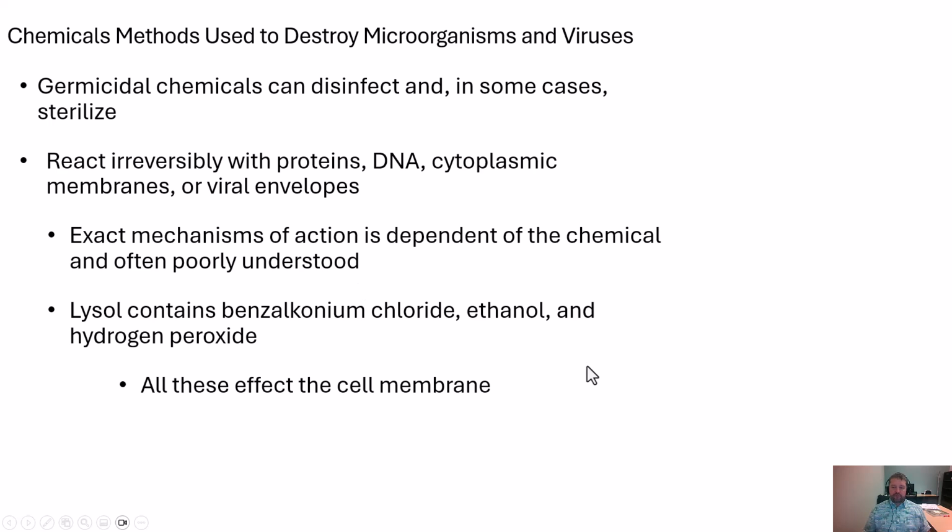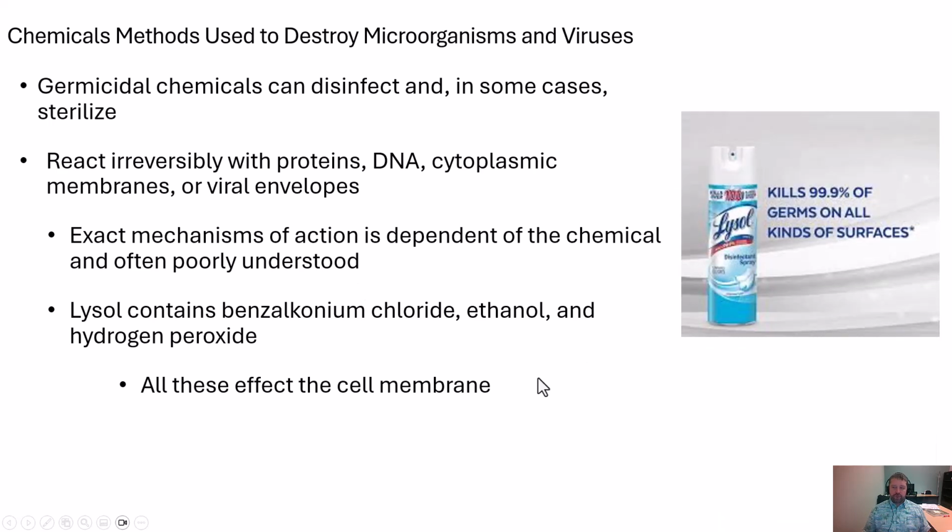The other thing that is sometimes poorly understood is what is meant by the labeling. So in the case of things like Lysol, and there's lots of other products out there, they'll often label things like kills 99% of germs on all kinds of surfaces. Okay, just so you know, when we're talking about products that have these claims, I'm not discrediting their claim. I want to be sure you understand that.